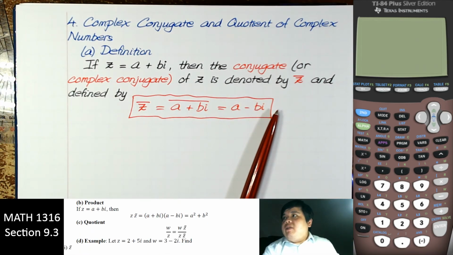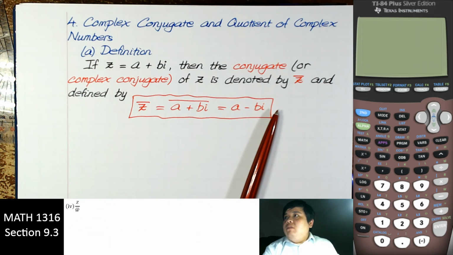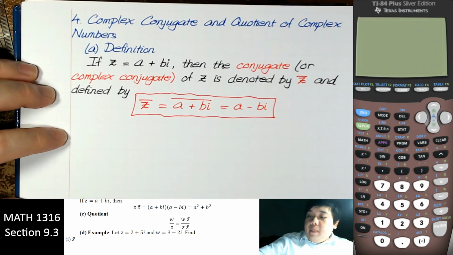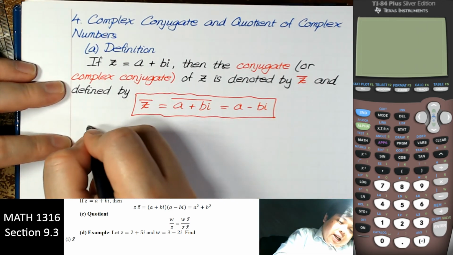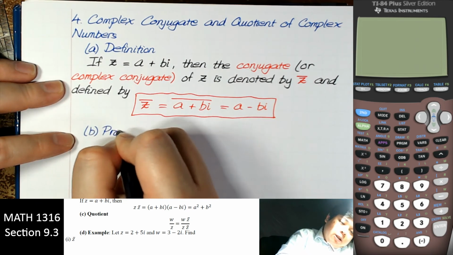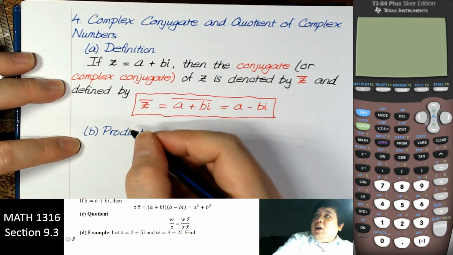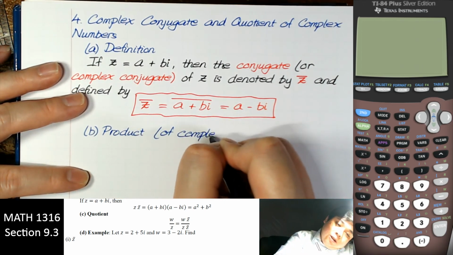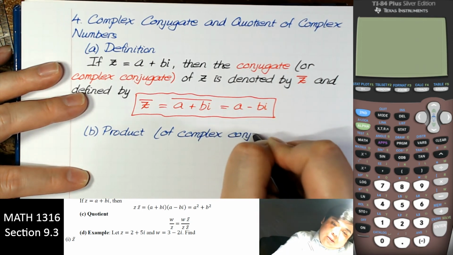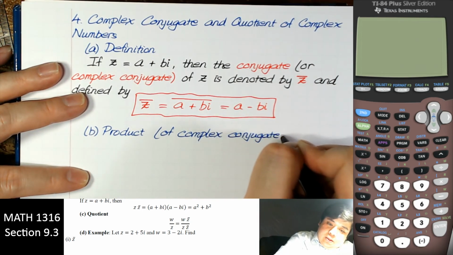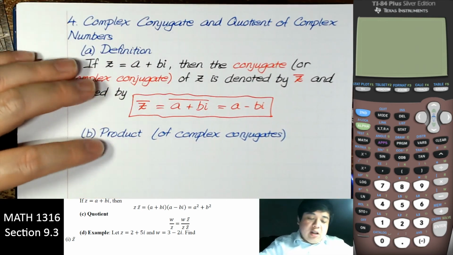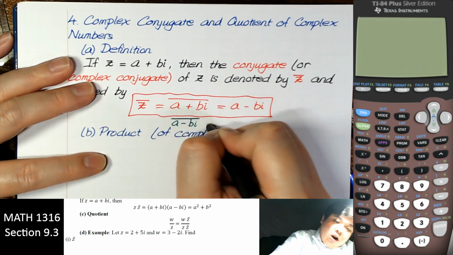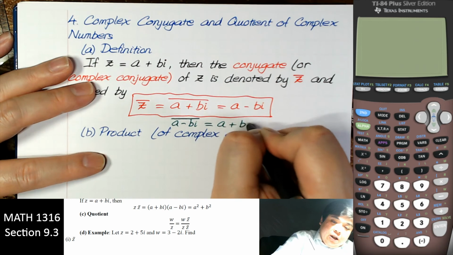So what is the significance of that? Let's first find the product of conjugates. By the way, when we have a minus bi, the complex conjugate is a plus bi.